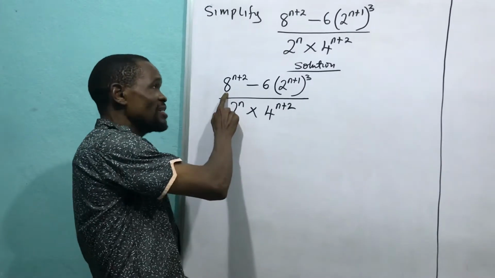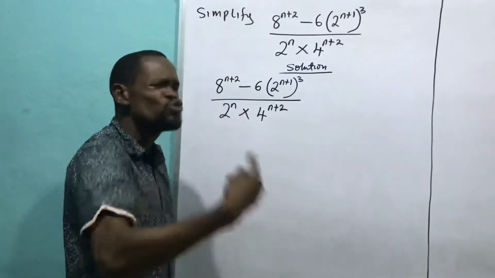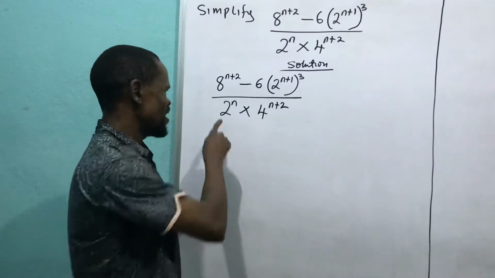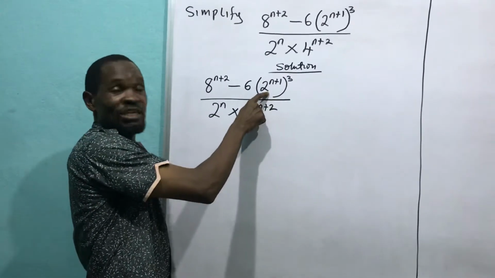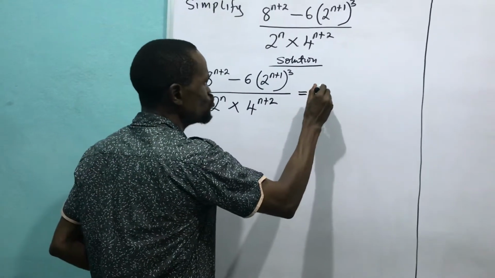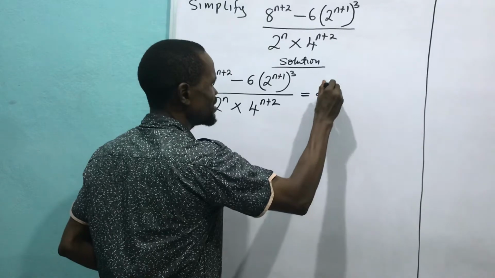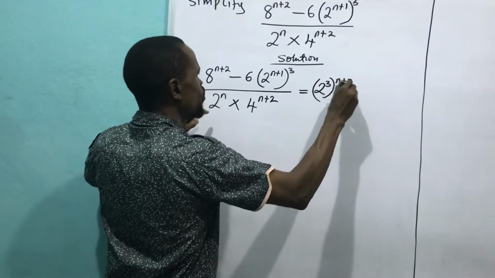Look at this one, it is in base 8, and this is base 2. We have to reduce it to its lowest base. This one is at its lowest base, and this one is at its lowest base. So I will have 2 raised to power 3, which is the same thing as the 8 here. I have reduced it to its lowest base.